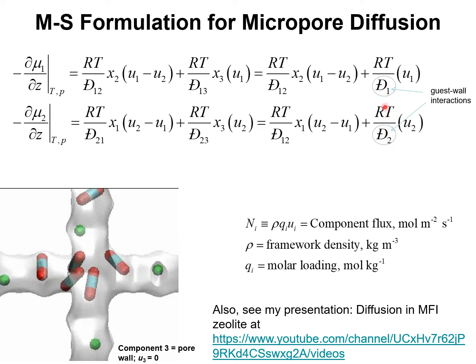D1 and D2 represent the guest wall interactions, and we have the diffusivity D12, whose physical significance has yet to be established, and we will establish its significance in the subsequent slides.